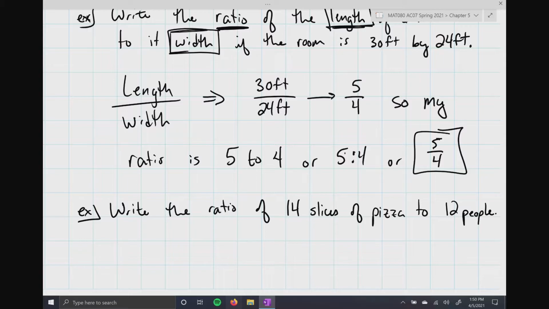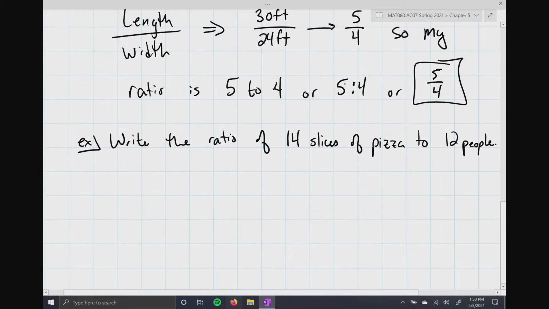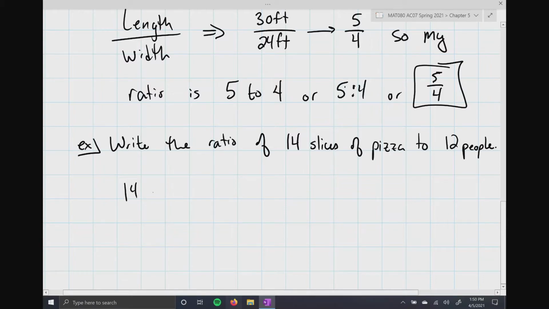Now, I need to order some food. So, here's just an example problem. What is the ratio of 14 slices of pizza to 12 people? Well, first I write out the ratio. Now I'm going to simplify.